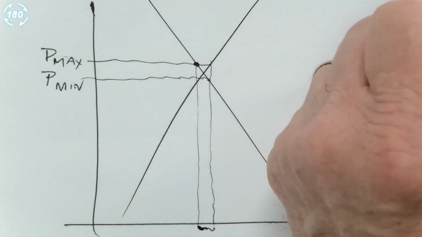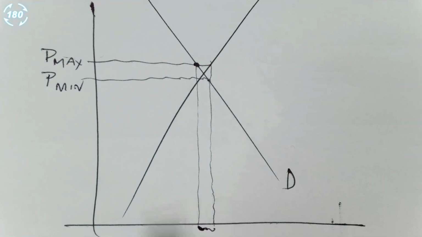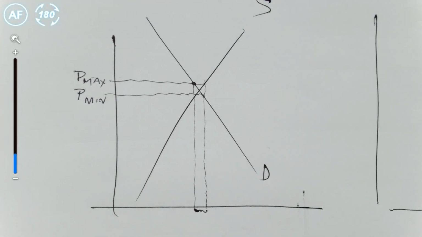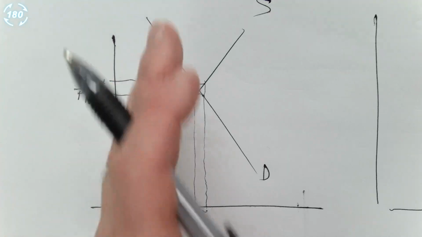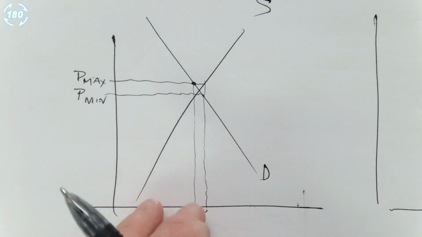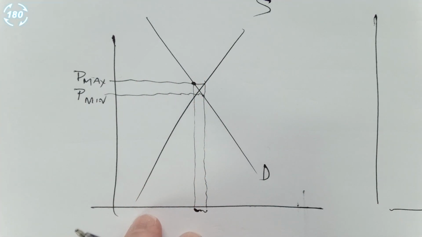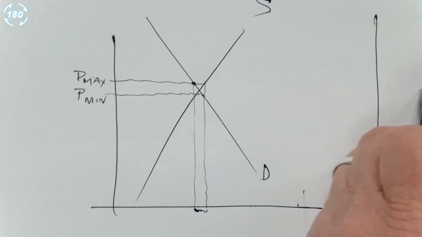So the idea here is that within this range, you're still within what's called the relevant range for the market. Regardless, everybody's going to do what they're going to do. This one person here is not going to supply enough wheat to flood the market, nor to starve the market. But what we see is there's a price band here.